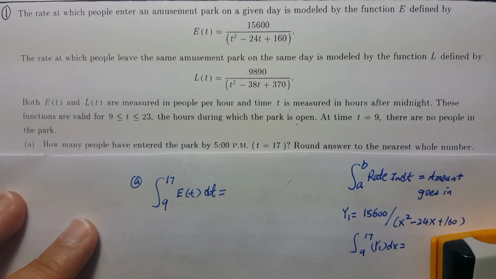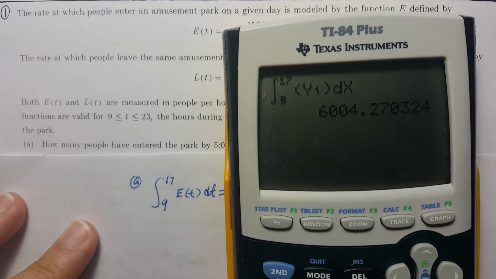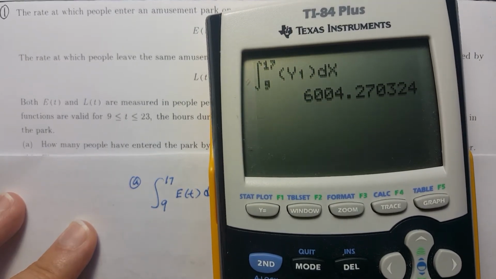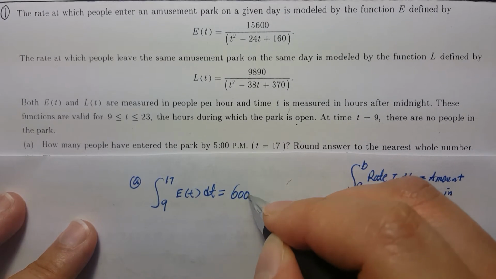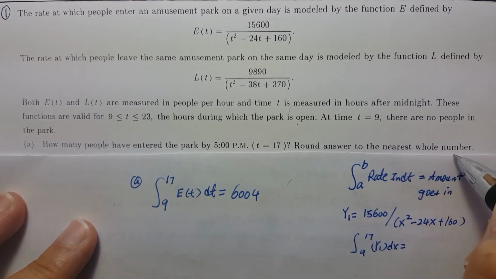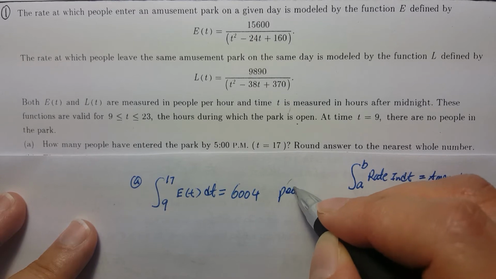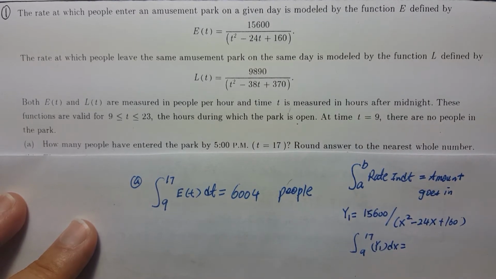You type in y1 and then you do math, 9 to 17, y1. So you're going to get 6,004. The reason we had to round to the nearest whole number is that we are counting people. So we finished question part A.